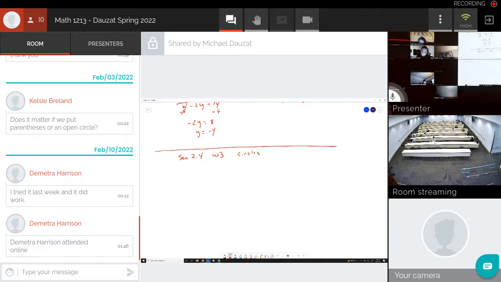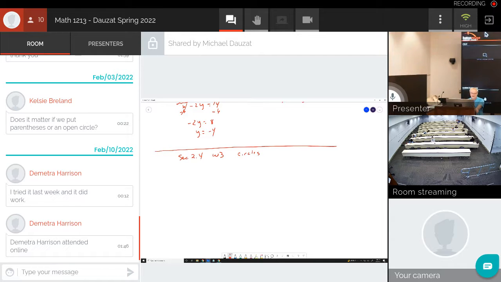All right, now, do you remember the standard form of the equation of a circle? What does that look like? The standard form of the equation of a circle. (x minus h) squared plus (y minus k) squared equals r squared, right?